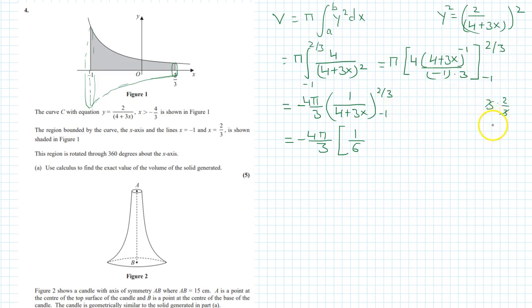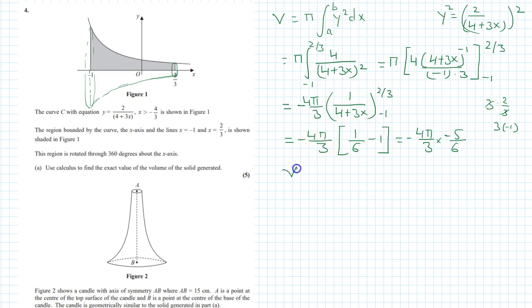And if I put minus 1, so 3 multiplied by minus 1 is minus 3, 4 minus 3, so this will be 1. So that will be minus 4 pi over 3 multiplied by 6 times 1 is 6, 1 minus 6 is 5, minus 5 over 6.